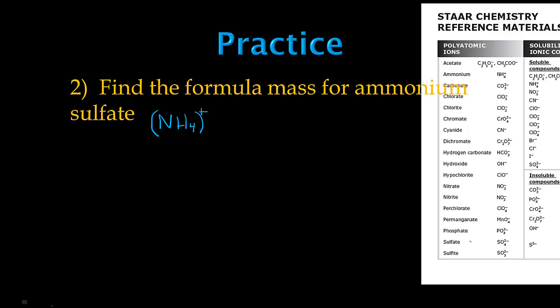And sulfate is right down here, SO4 with a -2 charge. We're going to do our crisscross. That 2 goes down by the ammonium. So it'll be (NH4)2SO4, and that 1 goes down by the sulfate, and since there's only 1, we do not need a set of parentheses.